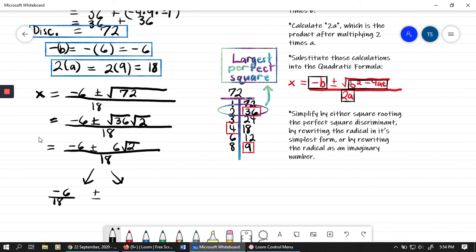But again, we've got the -6 over 18 there, that first -6, and then we've got the plus or minus. If we wanted to split this into 2 separate fractions, we've got the 6 over 18, and remember there that 6 is multiplied times the square root of 2.